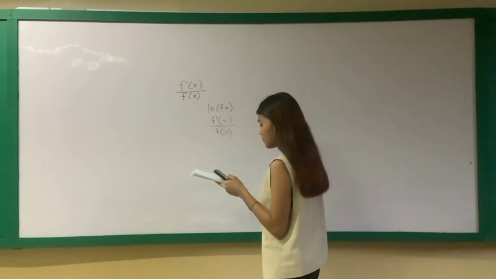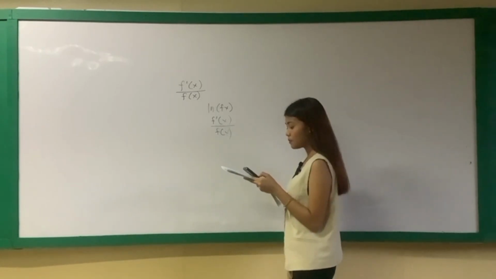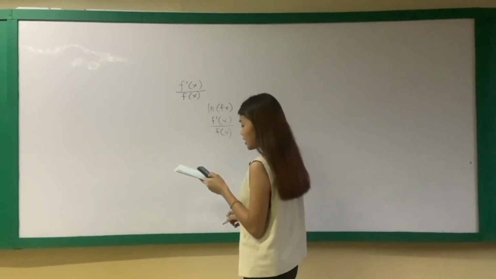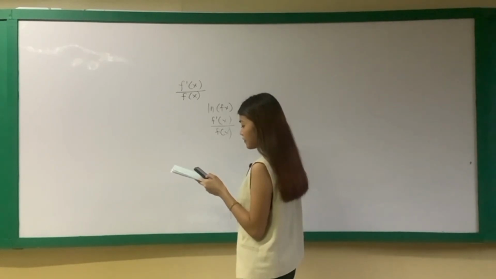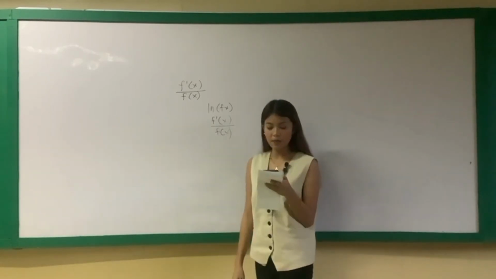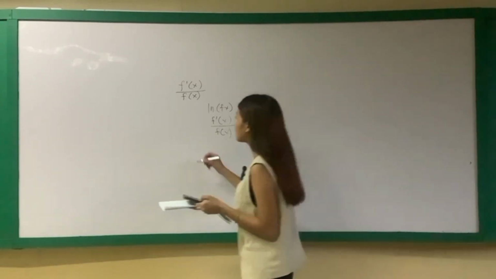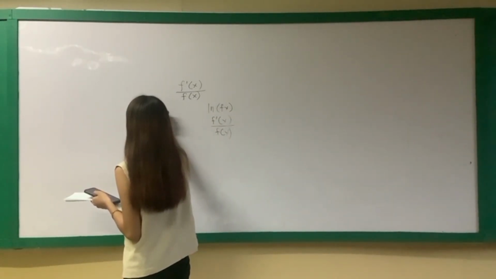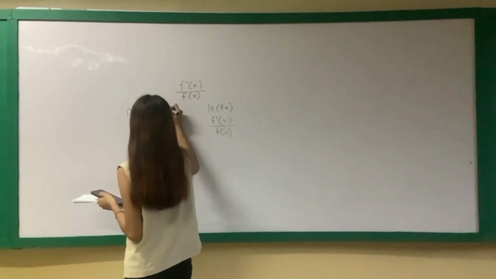This rule is super handy for simplifying complex expressions quickly. If you see a function on top that looks like the derivative of the bottom, it's a good example to try this rule. For example, number 1, we have here the integral of 1 over x dx.